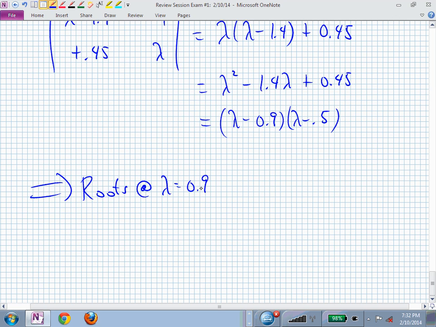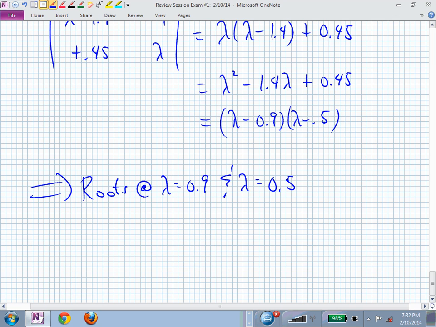So we have 2 roots, one at 0.9, that causes that polynomial to vanish, and lambda equal to 0 plus as positive 0.1 or 0.5. That would be wrong if it was in the S domain, wouldn't it? That would be unstable, but now we don't care.